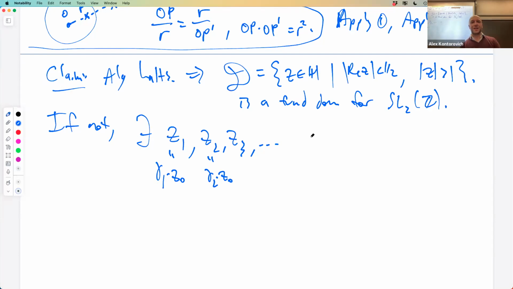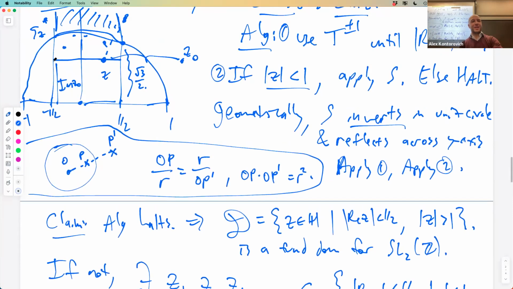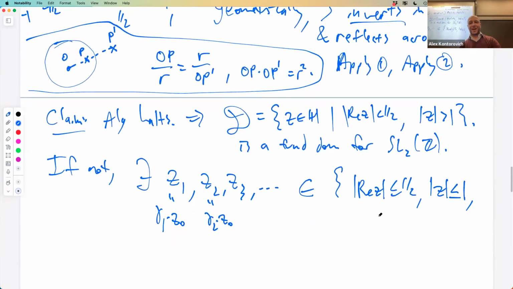We get this sequence, and this sequence is contained inside the region where the real part of Z is at most 1/2, and the norm of Z is at least 1, and the imaginary part of Z is at least the imaginary part of Z0, some fixed number.